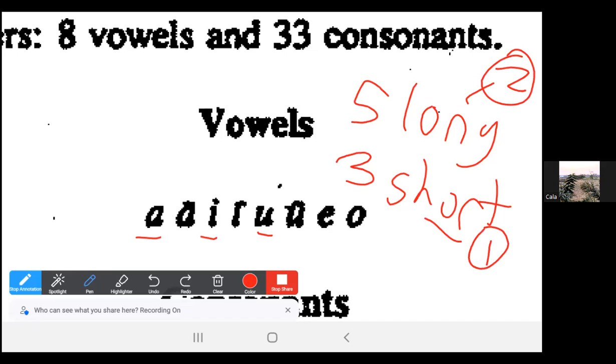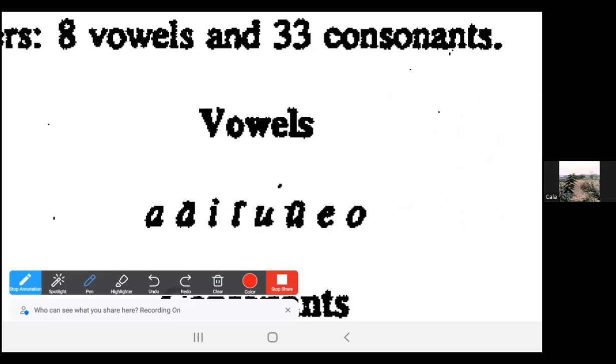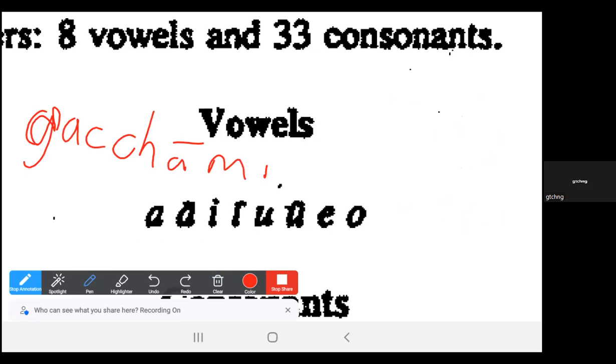Okay, but let's say if you have a word like gacchami. So gaccha here is how many timing? It's 2 timing. Mi is 1 timing.